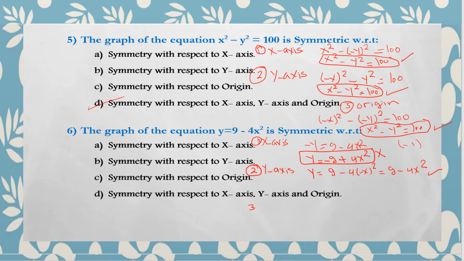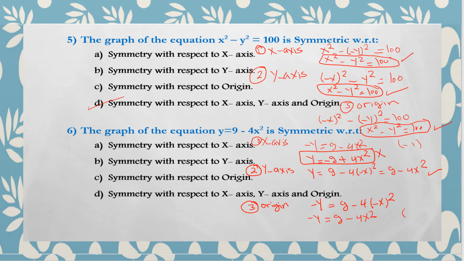For the origin, by substituting the value of y with negative y and the x with negative x, we get negative y equals 9 minus 4x squared.